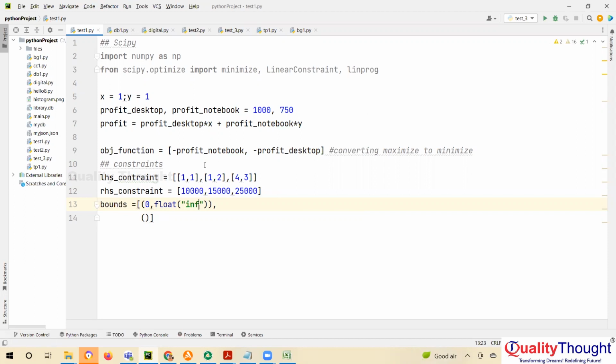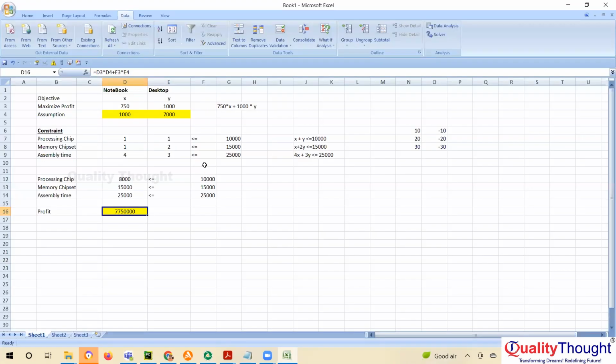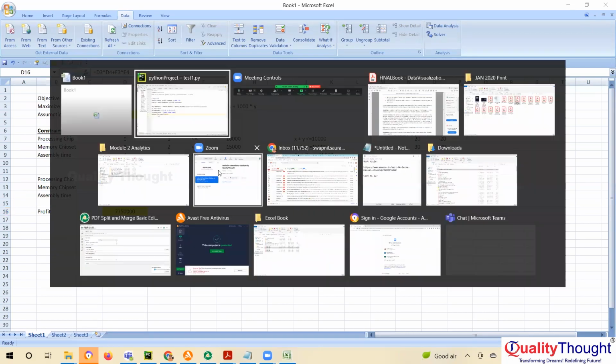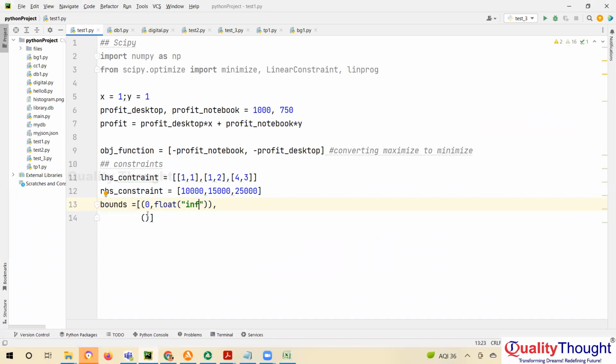See, we know that the values it will take are definitely not more than 10,000, isn't it? Because even if you decide to make all notebooks, 10,000 only you can make. If you decide to make all desktops, 10,000 you can make. So you can give infinity, or you simply give 0 to 10,000.